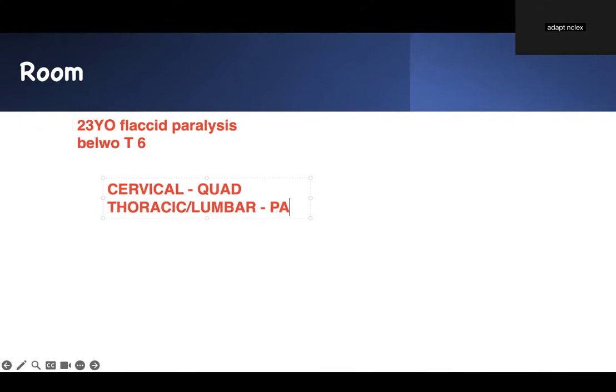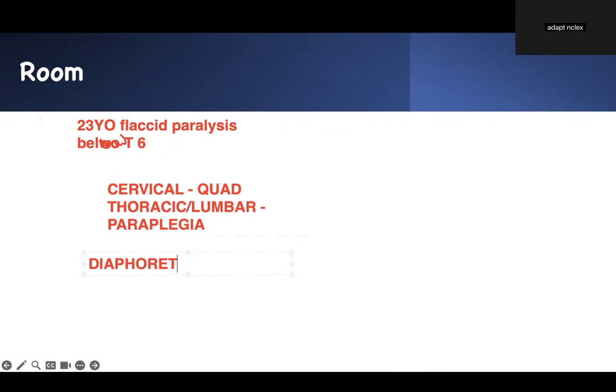Paraplegic. So for this patient, it's paraplegia. I'm just using this to teach you how you can distinguish between them. Our patient has flaccid paralysis below what? T6. So flaccid paralysis below T6, this is going to be what? Paraplegia.